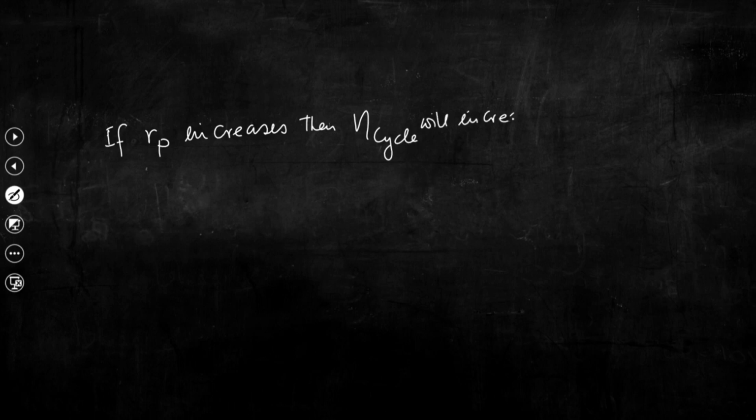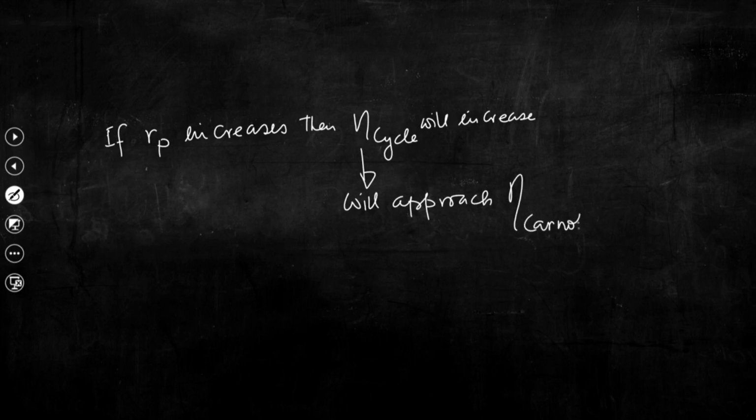What would be the Rp for which this eta cycle will approach eta Carnot? That means if we keep on increasing the pressure ratio, there will be a pressure ratio for which the cycle efficiency will approach the Carnot efficiency. And what would that be?